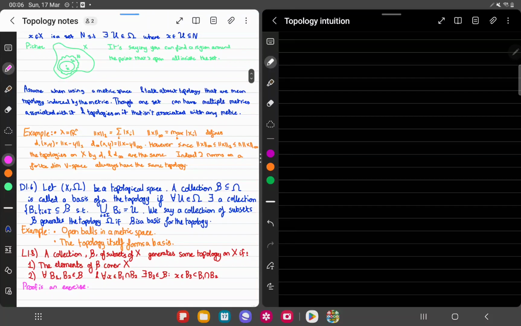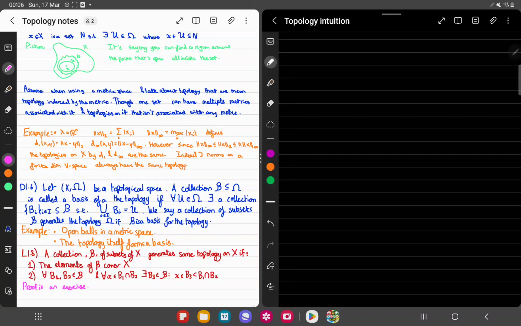Here there's an example where the topological space is R^n, and you have two different norms: the one norm and the infinity norm on R^n.